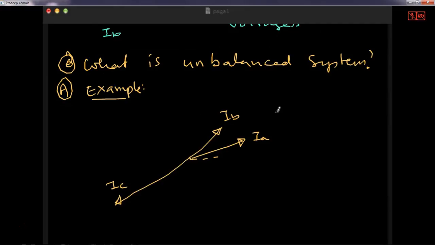So this is phi A, this is phi B, and this is phi C. The magnitudes of A, B and C are all different, and also the angles are not separated by 120 degrees. Then this is an example of an unbalanced system.